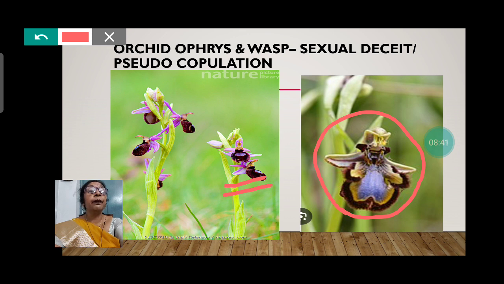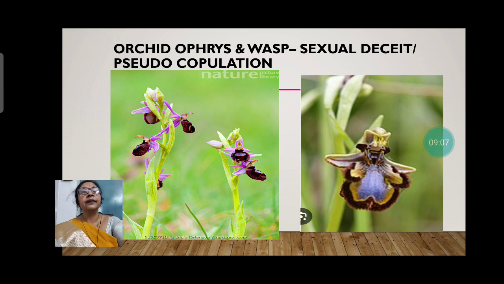It is also an example of sexual deceit, because actually there is no sexual copulation there, but it is a deceit. So it is an example of sexual deceit as well as pseudo-copulation, that you will study in the chapter on interactions. This example has been given. So this is Ophrys and the wasp, which shows sexual deceit and pseudo-copulation.